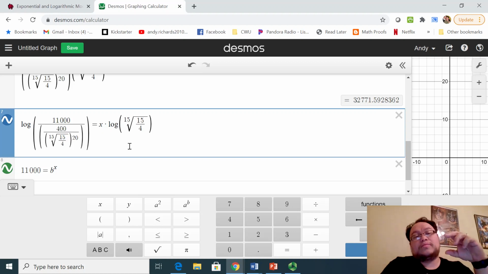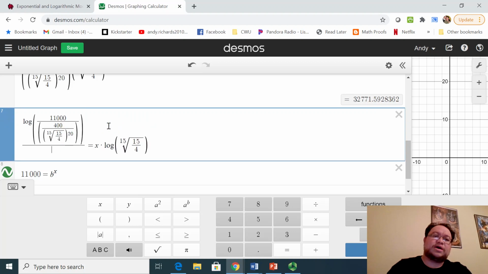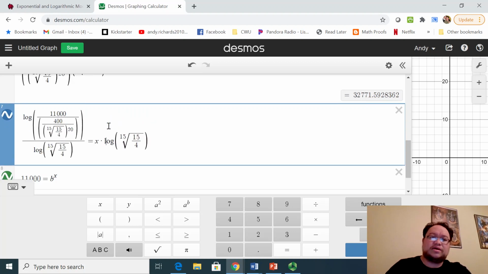But we took the common logarithm really to solve for that variable x, and then move that exponent in front of the logarithm, which is one of our log properties. And the next thing is we're going to have this. So if I want to get rid of that, since I'm multiplying by it, I need to divide that over to the other side. It's a pretty common tactic.